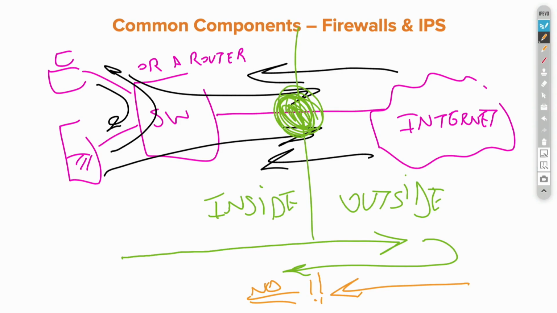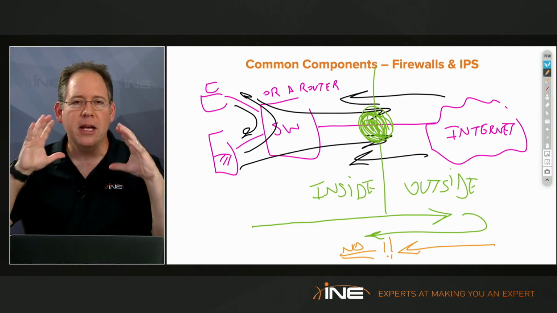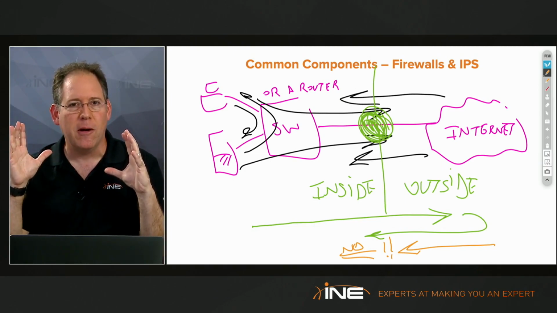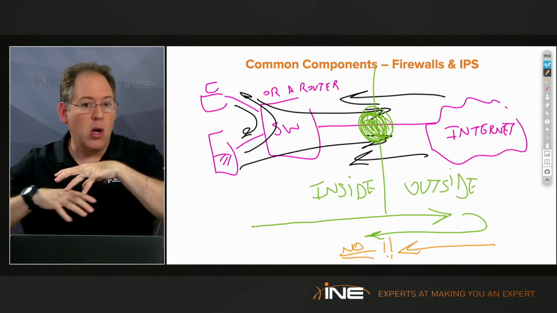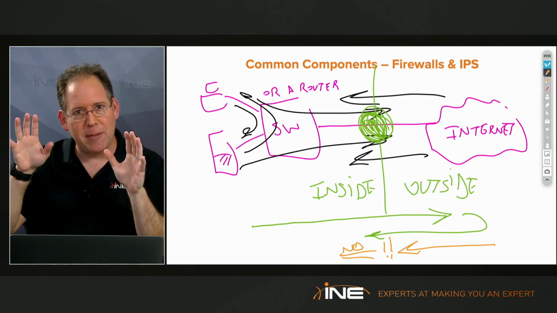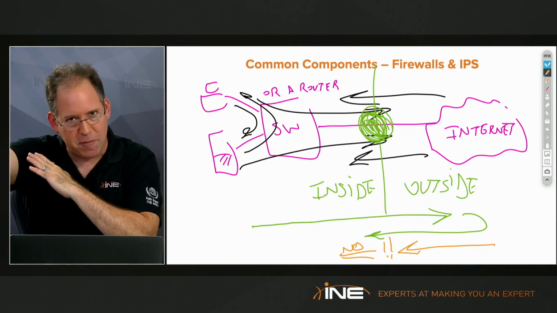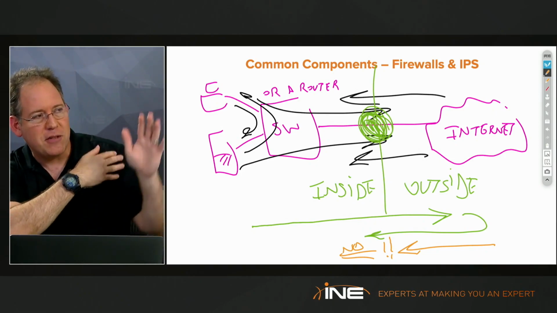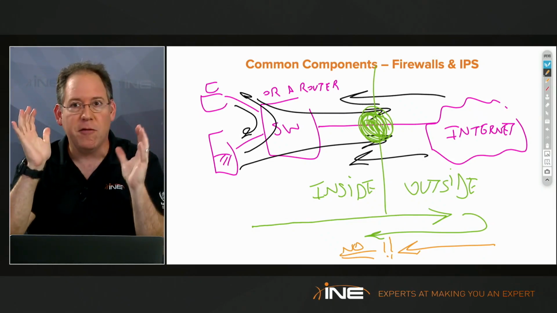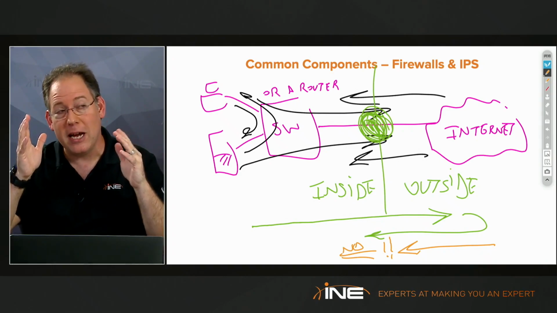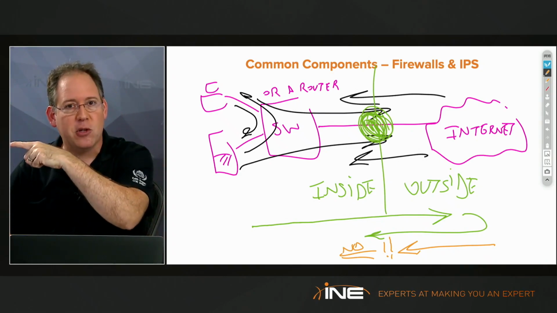Well, this is the basic principle of what a firewall does. A firewall is a way of segmenting your network, whether it be your inside network and the internet, or maybe you have a firewall within your own company, and this interface on the firewall leads off to the west wing of my company. This interface leads off to the east wing. This interface goes to the north wing of my company. And then the firewall has rules in place that say, okay, when data comes in, it's allowed to go out that interface, but not this one.